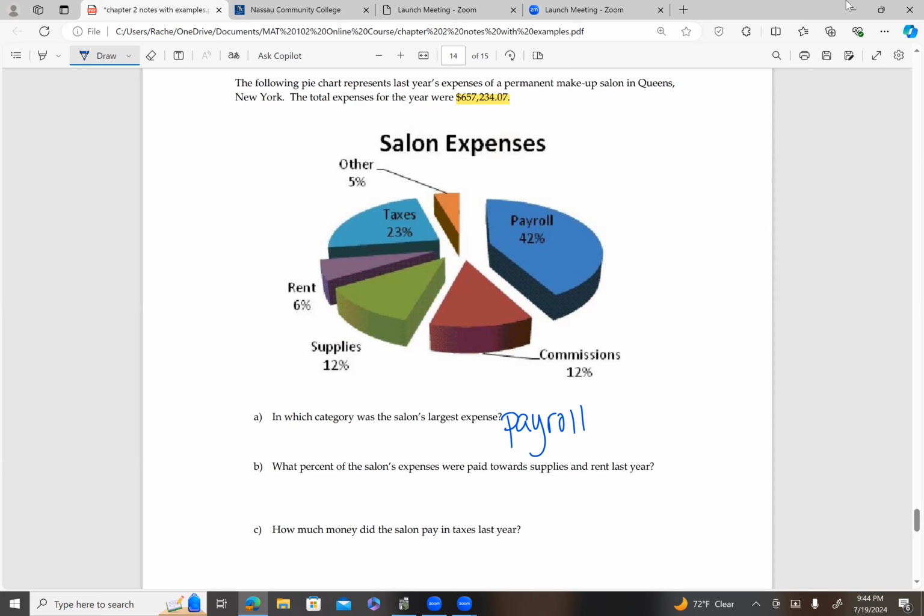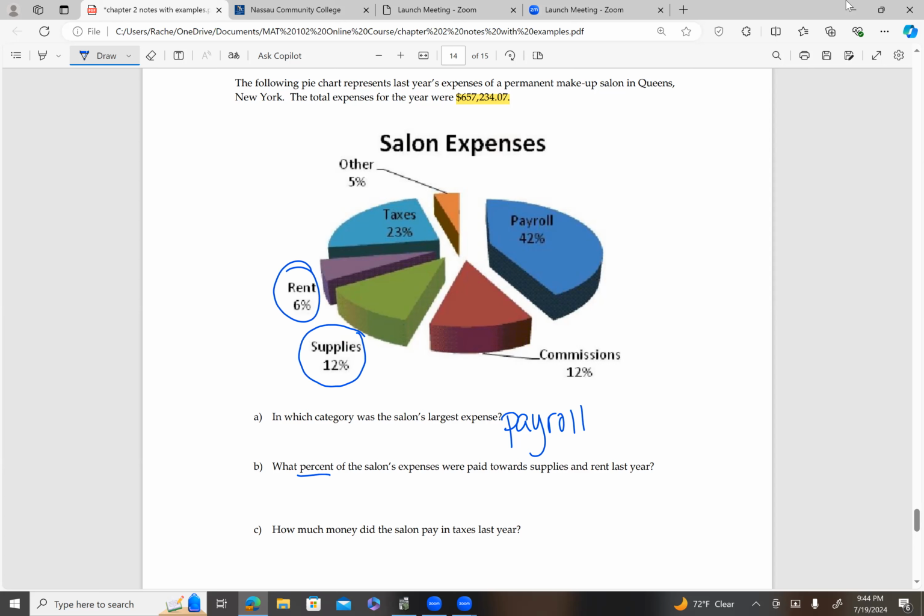Part B says, what percent of the salon's expenses were paid towards supplies and rent last year? So we want to look at supplies and we want to look at rent. My question is, what percent went towards rent and supplies? So we have to add the two together.